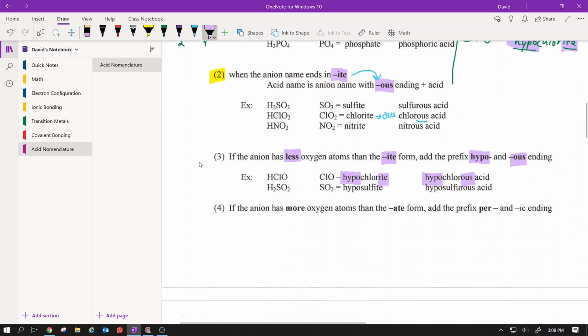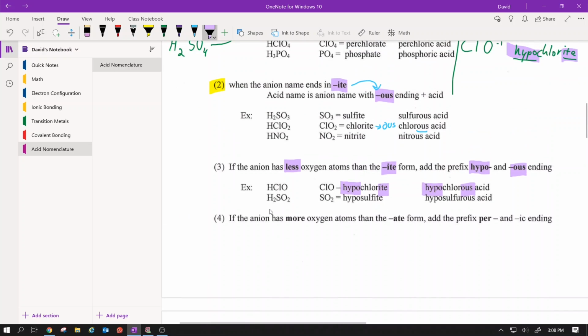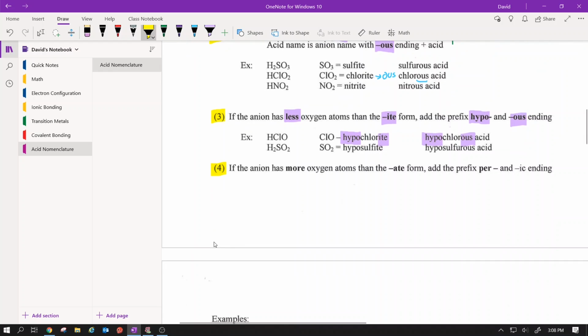And if it has more oxygens, okay, there we go. All right, and if it has more than that, then it will have a per and an ic ending.